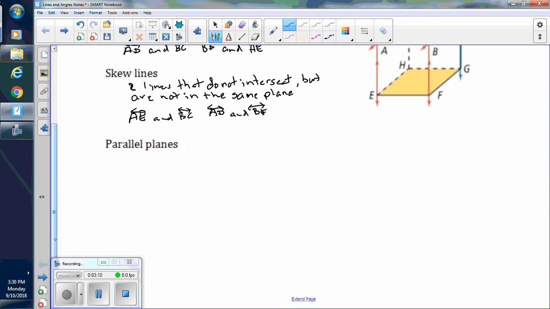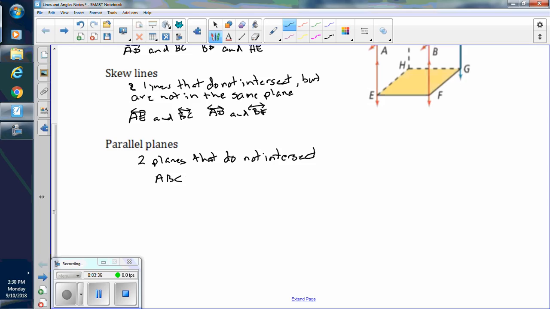Now parallel planes are two planes that do not intersect. An example in this particular picture, remember we named planes by using 3 points on the plane, so ABC, which would be the plane at the top of the box.